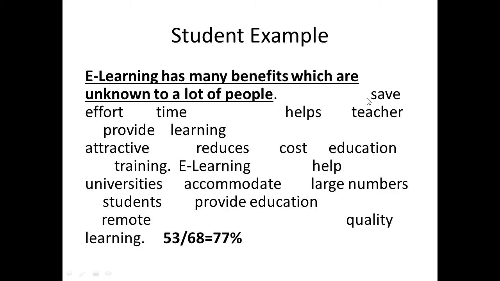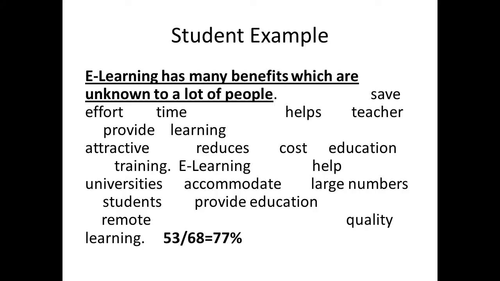So when you look at all these words, this writer uses definitely a sufficient number of content words. If you look here, there's 68 words, 53 of them are content words. That means 77% of the paragraph is made up of content words, and that's pretty good.